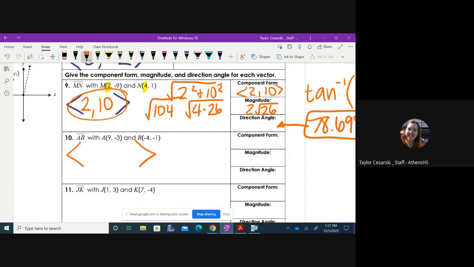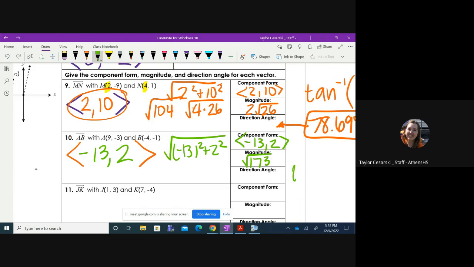Okay. All right, so for number 10, x minus x, y minus y. So negative 4 minus 9 is negative 13. Negative 1 minus negative 3 is 2. Find the magnitude: square root of negative 13 squared plus 2 squared. So that's 169 plus 4, so that's square root of 173. That does not simplify.